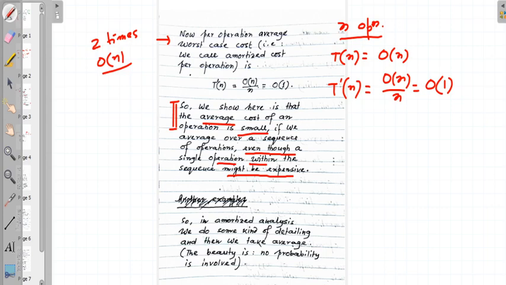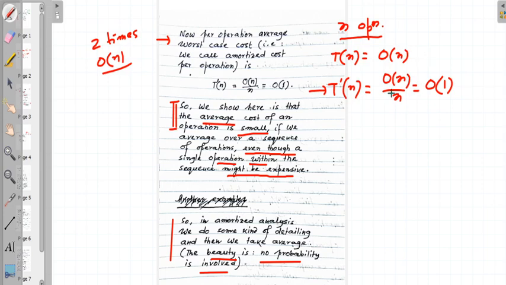So in amortized analysis, we do some kind of detailing and then we take the average. The beauty is that even though we are taking an average, there is no probability involved. As we have seen, we get the total and then divide by the number of operations.